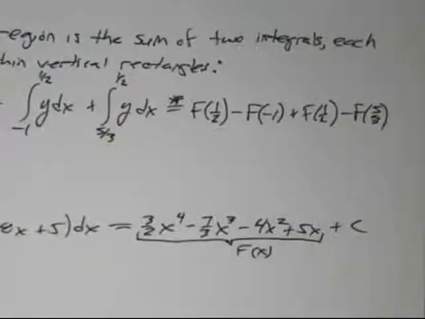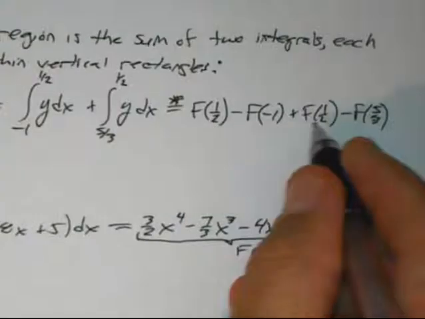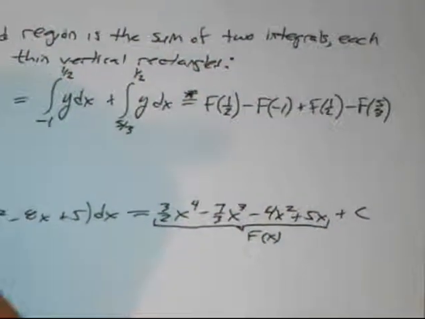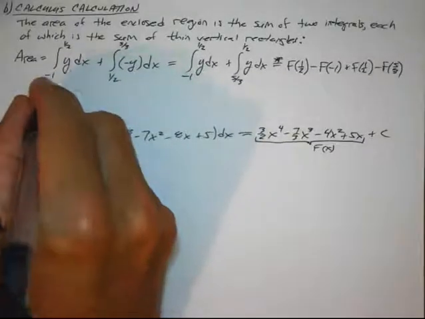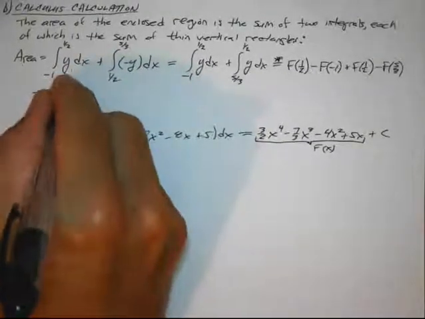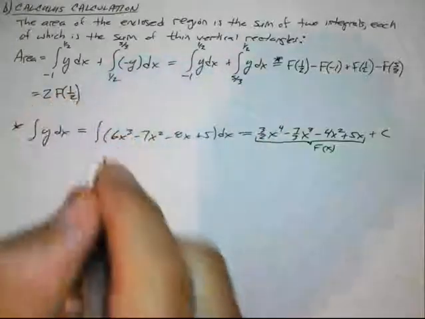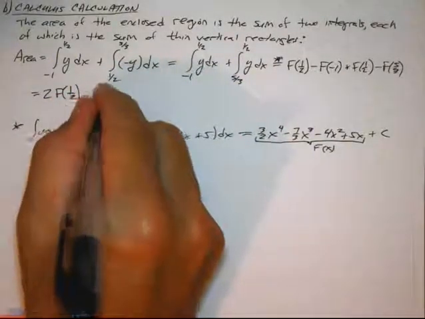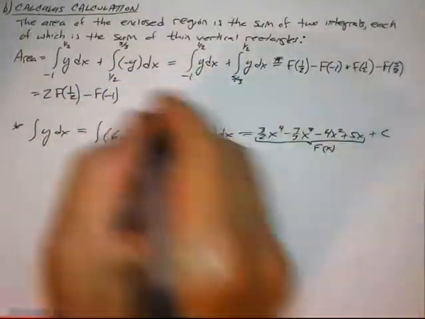A slight simplification is available here. F of 1/2 and then F of 1/2, so that's two of those. So this becomes 2F of 1/2 minus F of negative 1 minus F at 5/3.